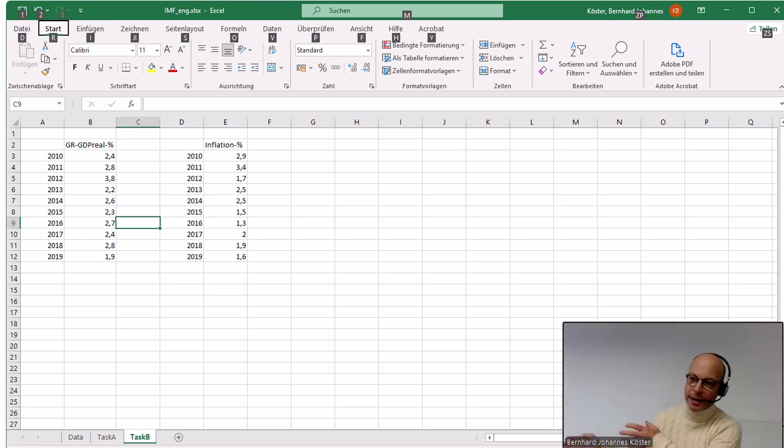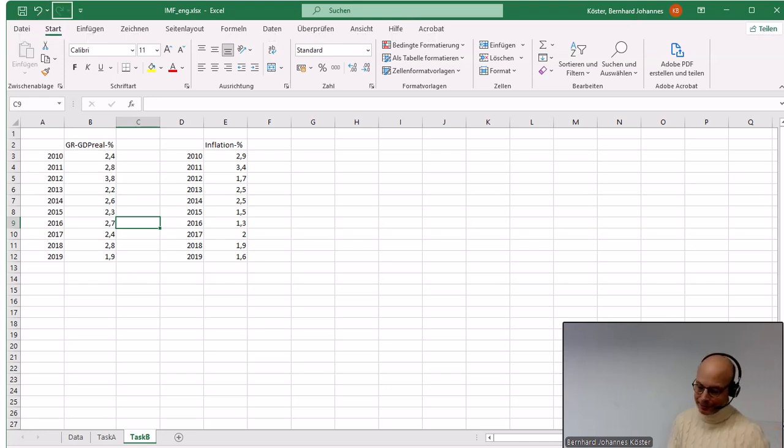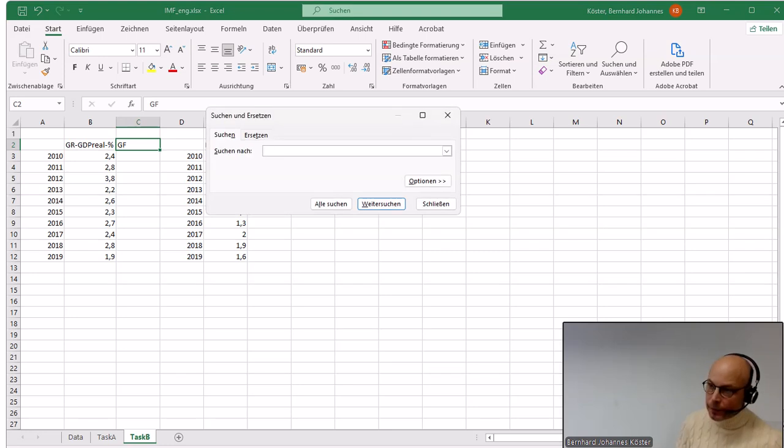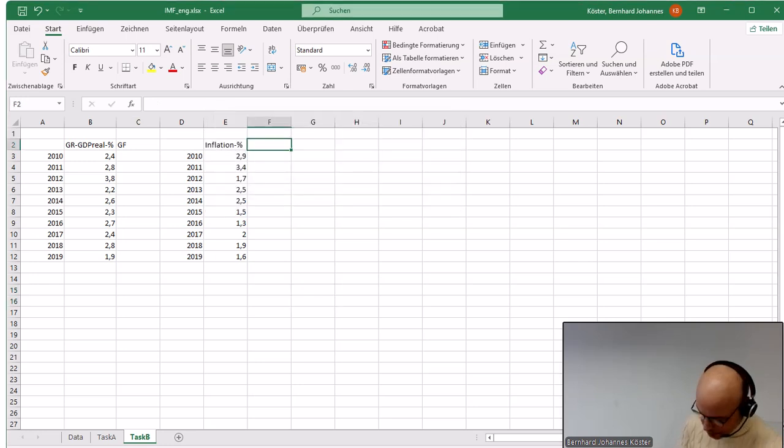So now I can directly calculate the growth factors, okay? So how do I calculate now the growth factor of real GDP in 2010?